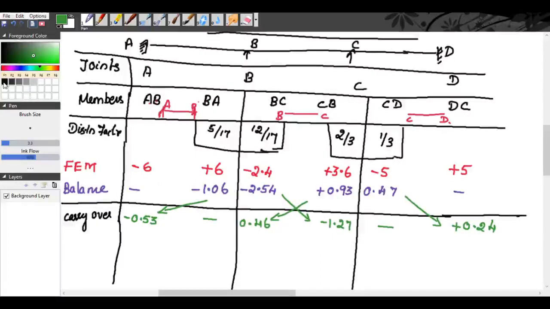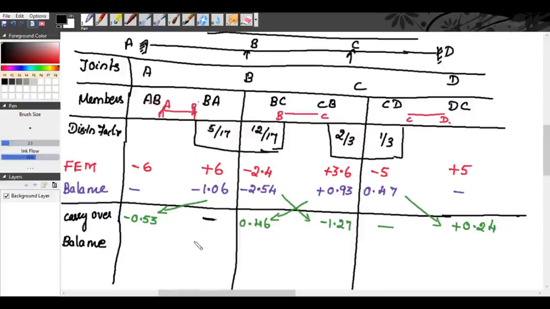Now we have to do our balance, as usual, as we did in the last step. So what is balance here? Here you don't have any moment. Here we have 0.46, the carryover moment. It is positive. 0.46 multiplied by 5 by 17, we get 0.14.